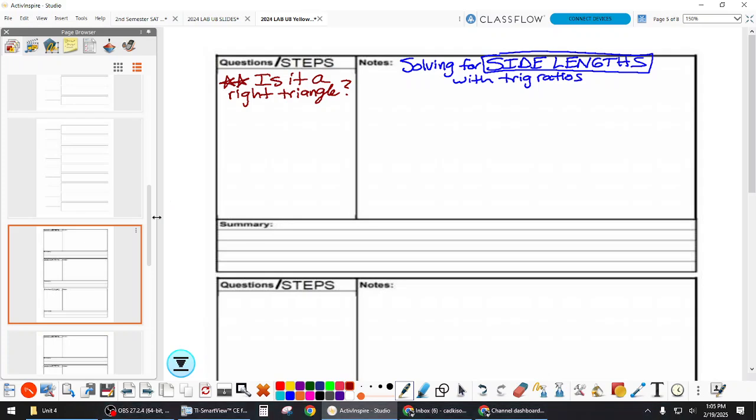You also can't use special right triangles. So if it is not a right triangle, your options are much more limited. Anyway, I'm going to put that as step 1, but where should the 1 go? I guess after the stars? Does that make sense?